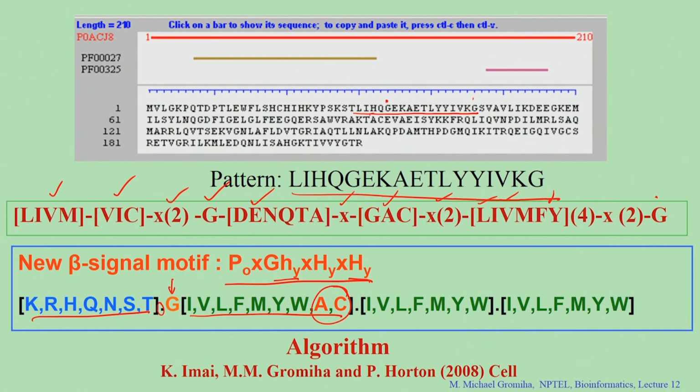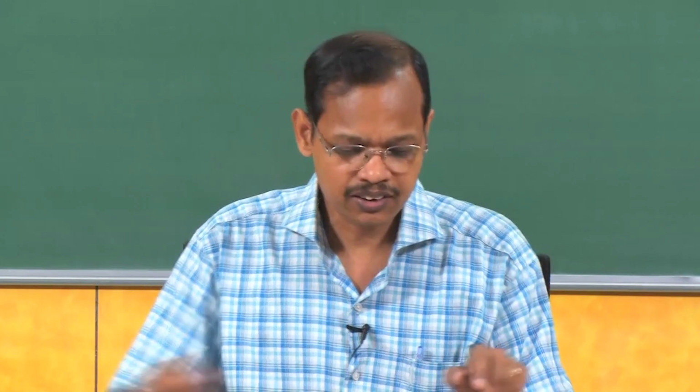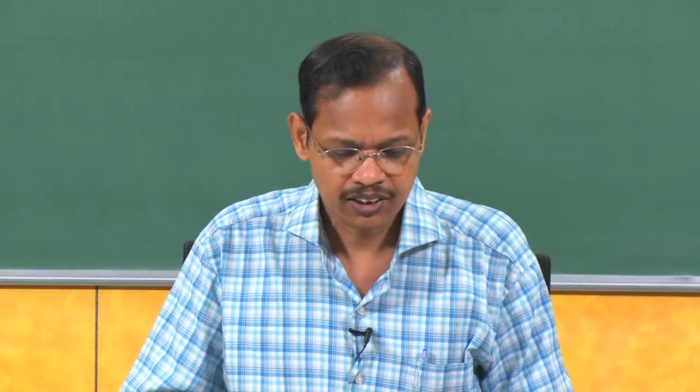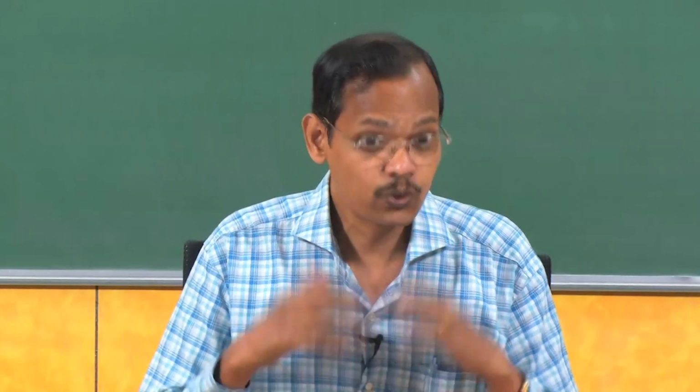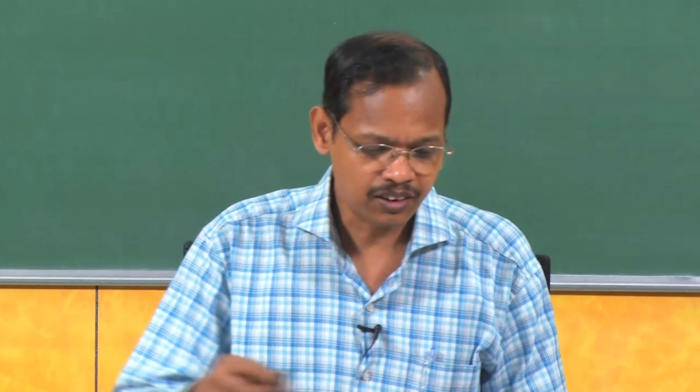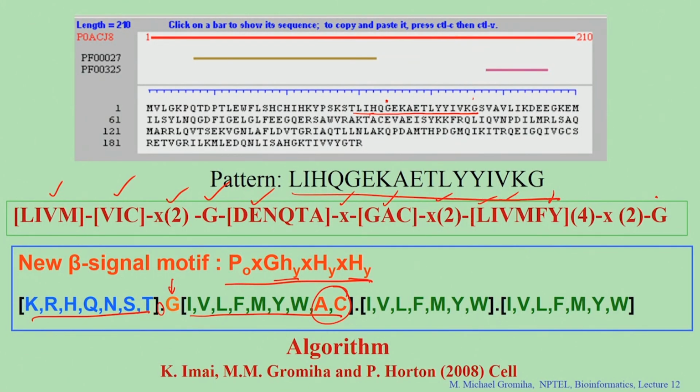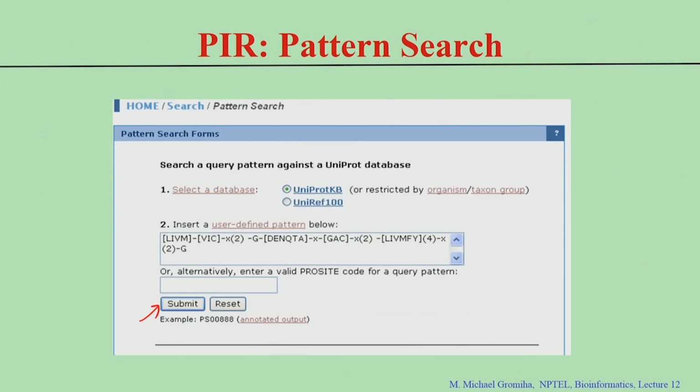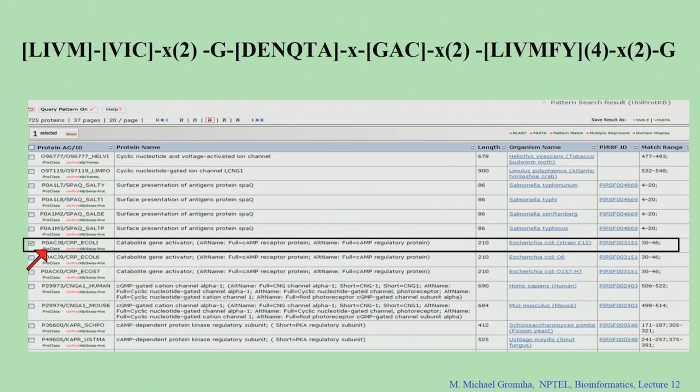Now, the question is, experimentally they showed that this specific motif is important, but is that true or not? How to verify? You check whether it is present in all of them. First, you take all the beta barrel membrane proteins, and you can easily write a pattern, because if you go here and write this pattern, you will get the list of proteins.